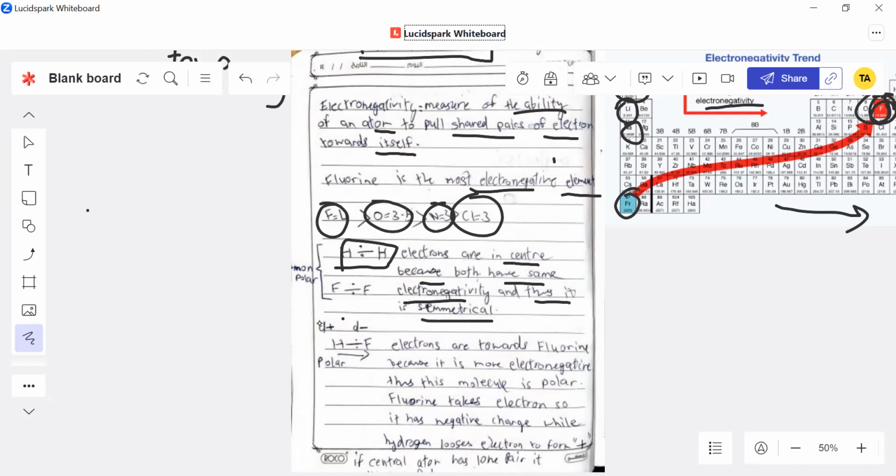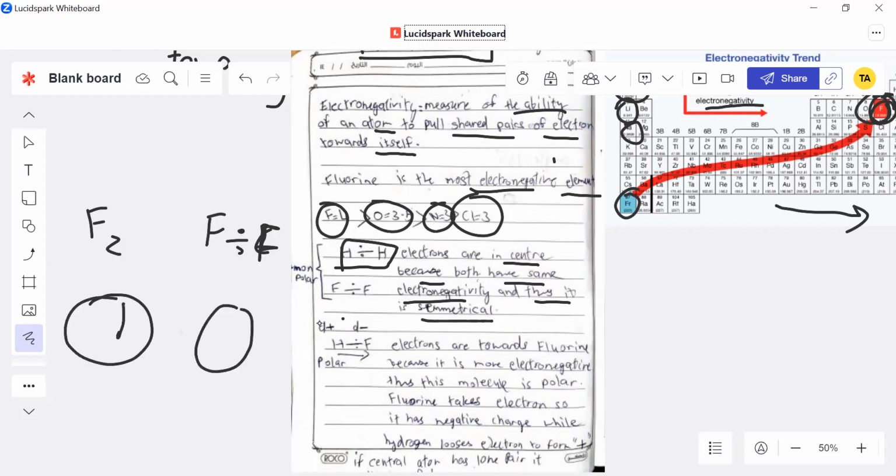So when two same atoms, for example, F2 or fluorine, form a bond, this will be symmetrical because both have the same electronegativity. So the electrons that are shared between fluorine would be at the center, like this.